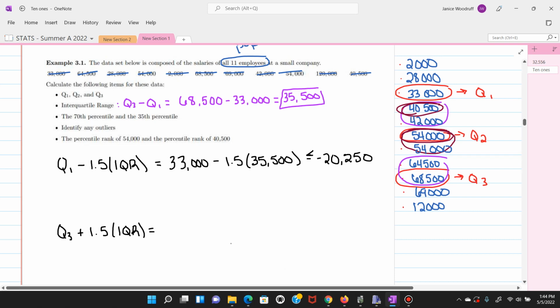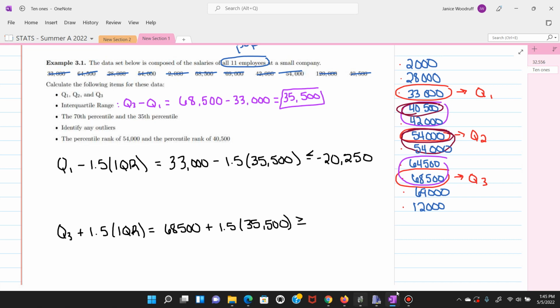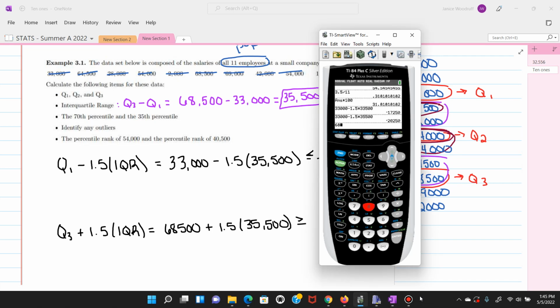Okay, then quartile 3 was 68,500 plus 1.5 times 35,500. We would have to be greater than this value. So 68,500 plus 1.5 times 35,500.